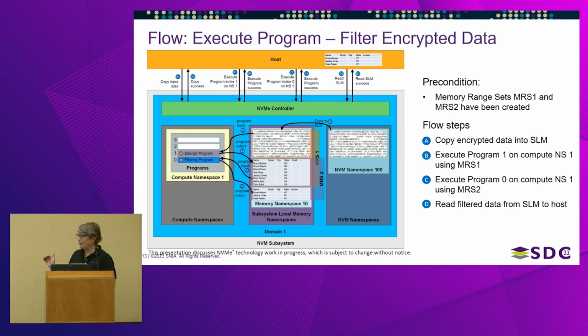So this shows how you can run a sequence of programs on data that is in Subsystem Local Memory on a device without having to transfer that data back and forth up to the host. And that's the end of that example.